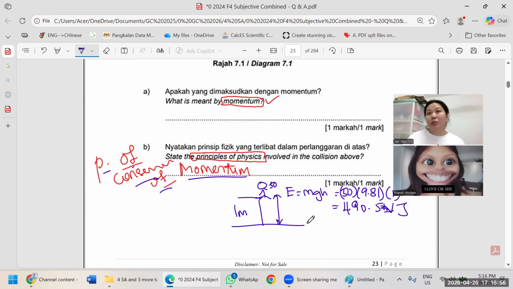And when he dropped here, what is his maximum kinetic energy? Half mv squared, also 490.5 joule. Conservation of energy means energy before is the same as energy after.